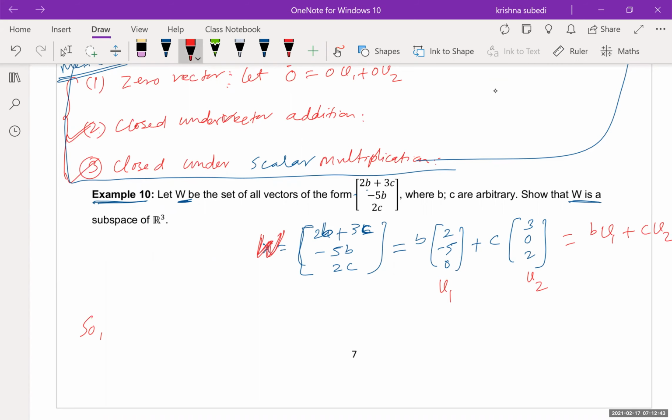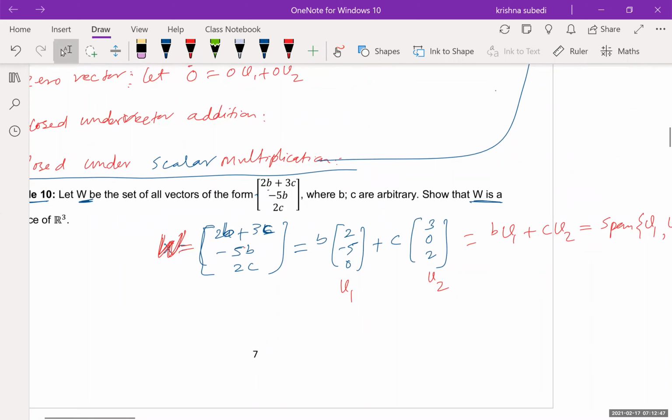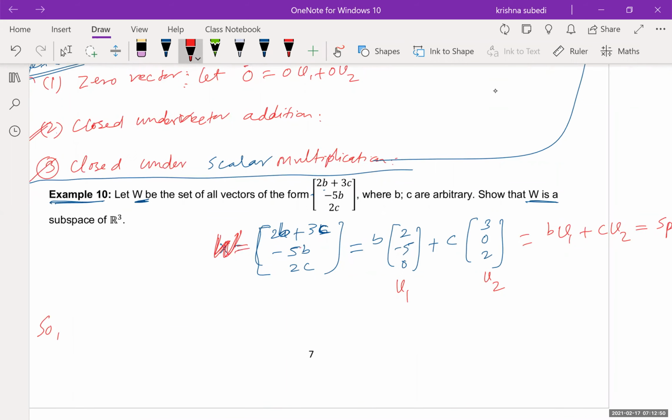So W is given in that form, and what we proved is that W is a span of V1 and V2. Remember, V1 belongs to R3 and V2 belongs to R3.